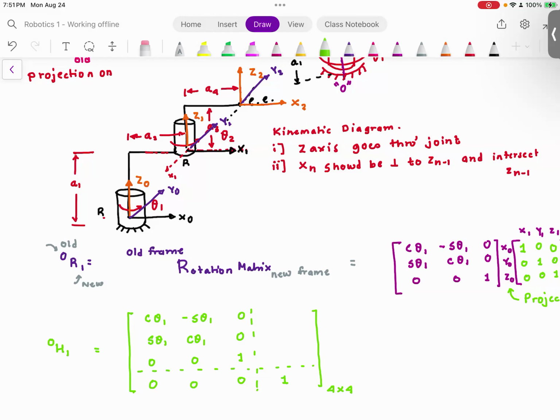Now, homogeneous transformation tells me the rotational relationship between the frames and the translational relationship between the frames.